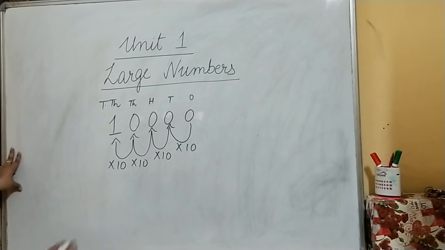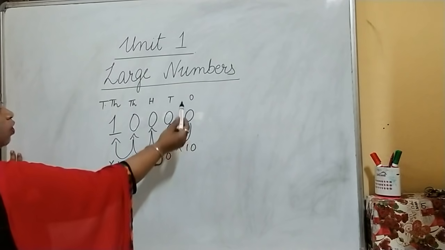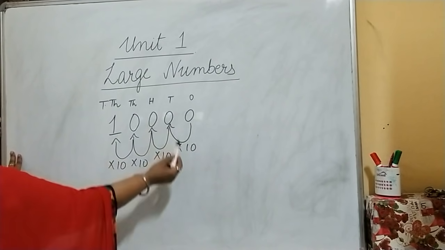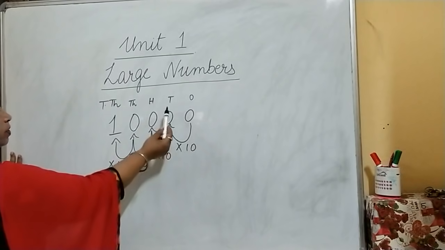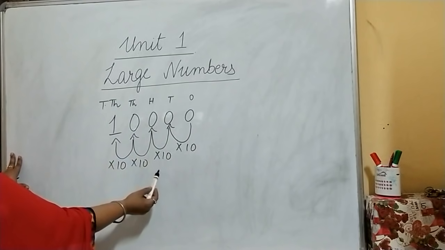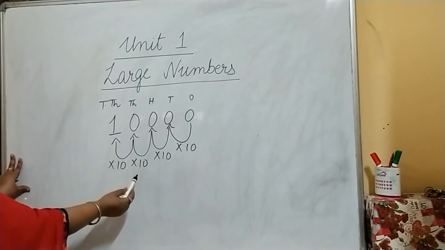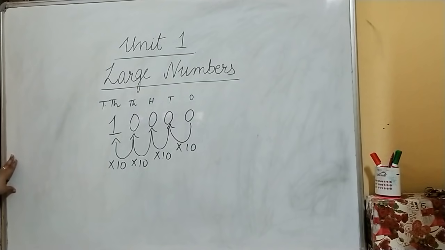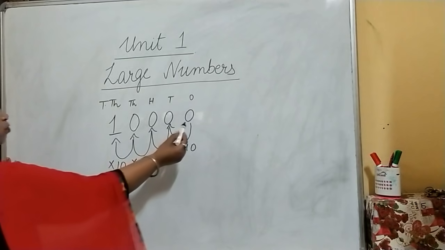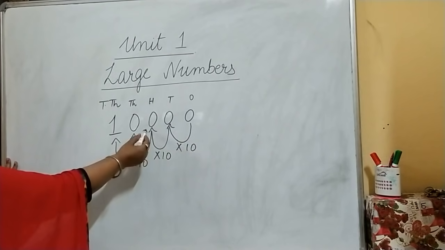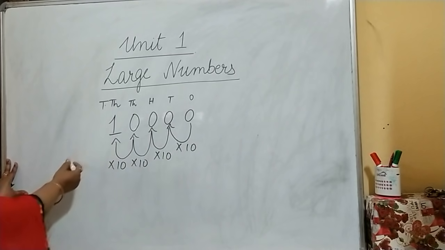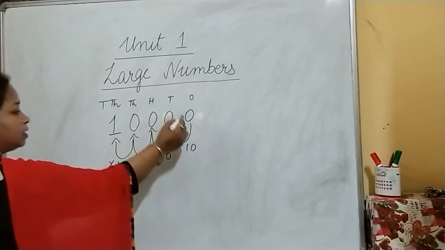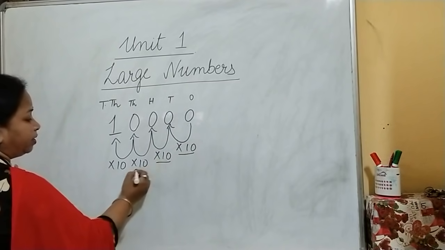When we move from ones place to tens place, we multiply by 10. Then from tens to 100, we multiply by 10. From 100 to 1000, we multiply by 10. From 1000 to 10,000, again we multiply by 10. I just want to bring it to your notice that as we move from one place to the other toward the left-hand side, each step is multiplied by 10.